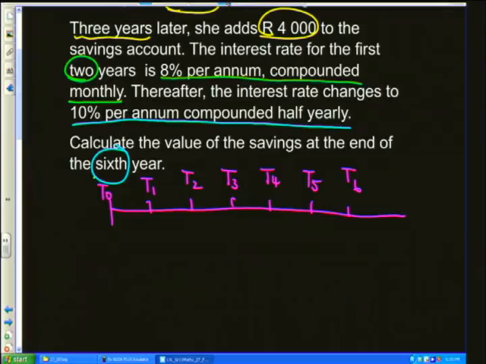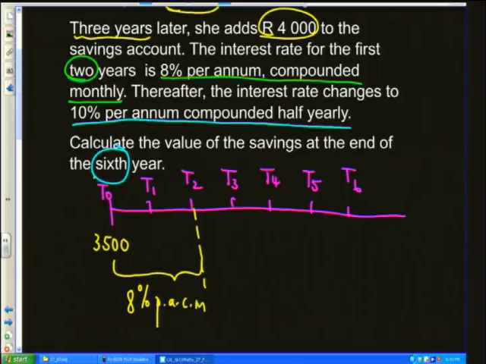So we make a deposit of 3,500 Rand. And over these 2 years, this rate has been given to us as 8% per annum, compounded monthly.